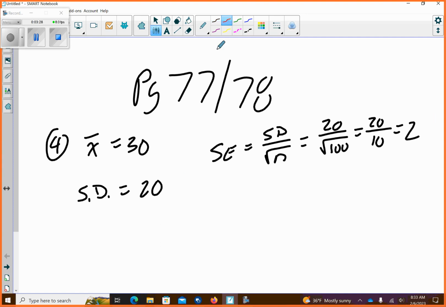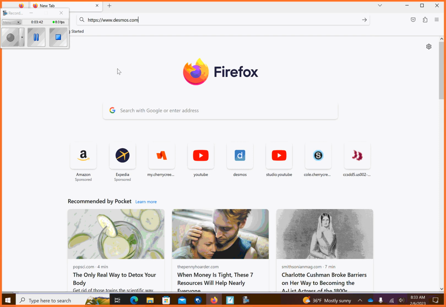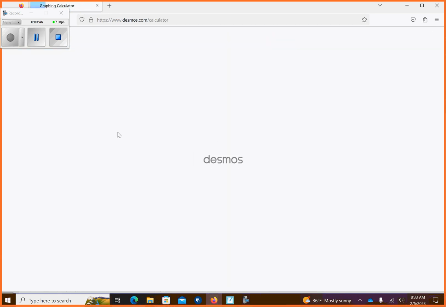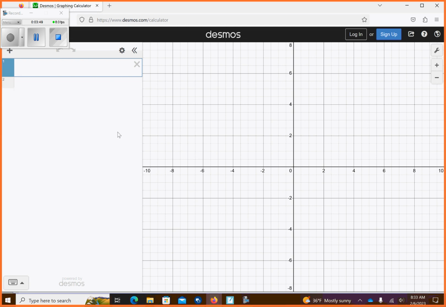So then number 5 says, what is the probability a random sample size of 100 will show a mean anxiety between 28 and 32? So we're going to use our best buddy and pal of the class, the Desmos family. So we're going to use the mean and standard error.